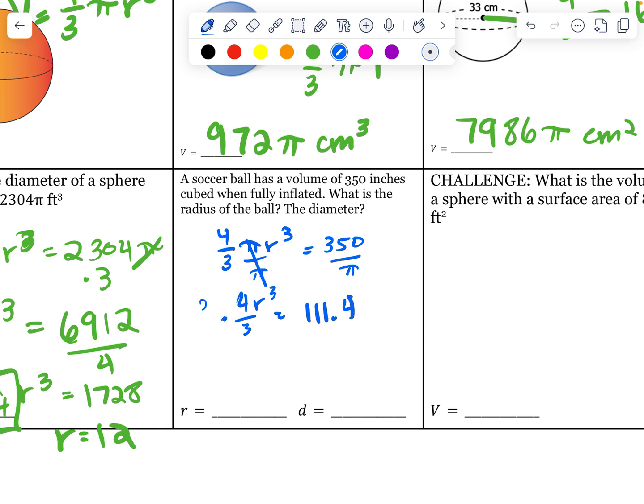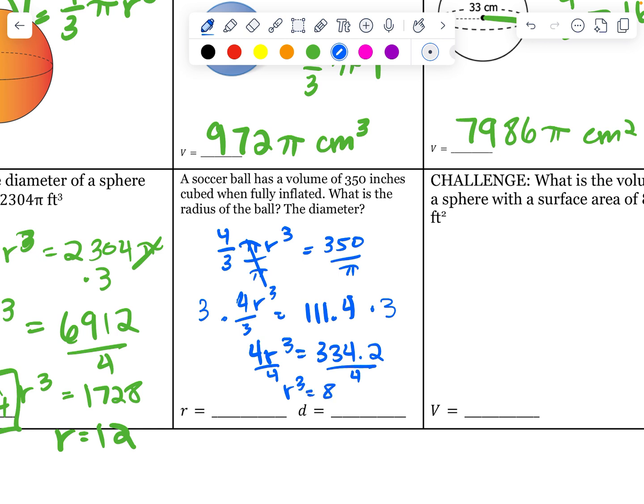And then times 3 is 4r cubed equals 334.2. All right, now divide by 4. R cubed equals about 83.556.